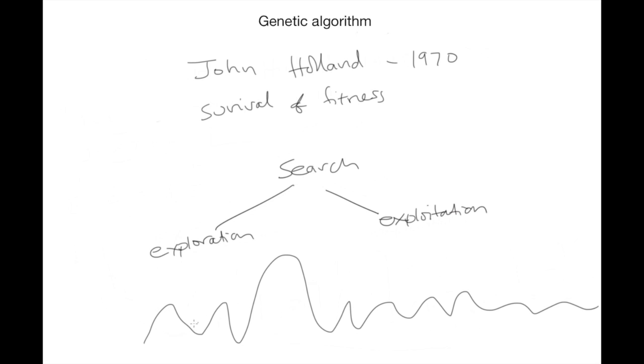Now you could start looking for it anywhere, and as you utilize your local information to seek for the peak, what you're doing is you are essentially exploiting the current knowledge to reach the peak. Now this may or may not be the absolute result you're looking for.